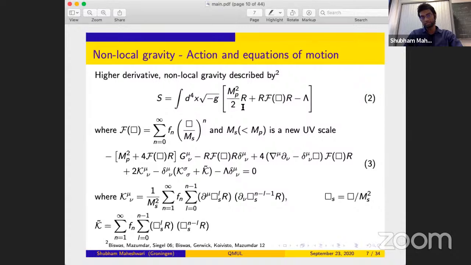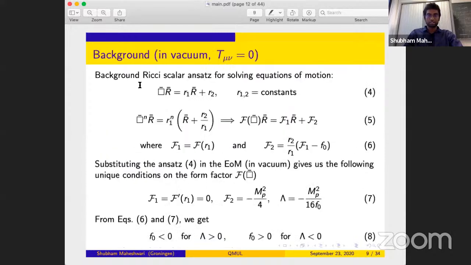You have the Einstein-Hilbert term with the Ricci scalar, the cosmological constant and a non-local R squared term, and there is no matter at all in this model. That's why the stress energy tensor is 0, so it's vacuum. And I will impose an ansatz on the background Ricci scalar, and I will say that the background satisfies this equation, that box R̄ is R_1 R̄ plus R_2, where R_1 and R_2 are some constants.